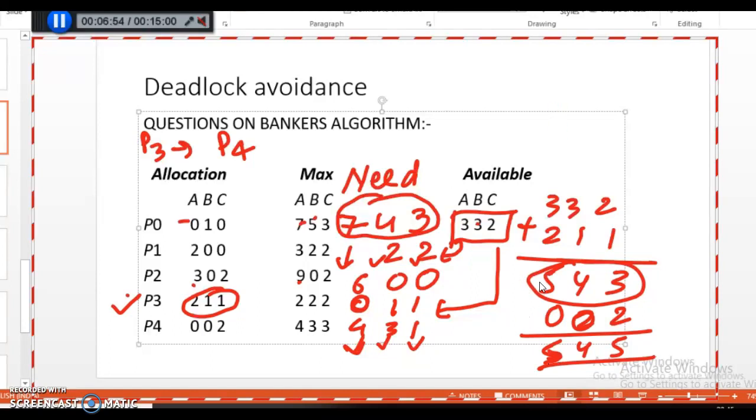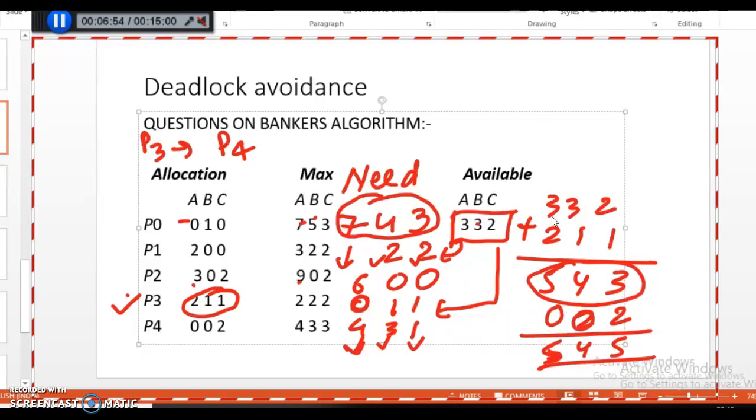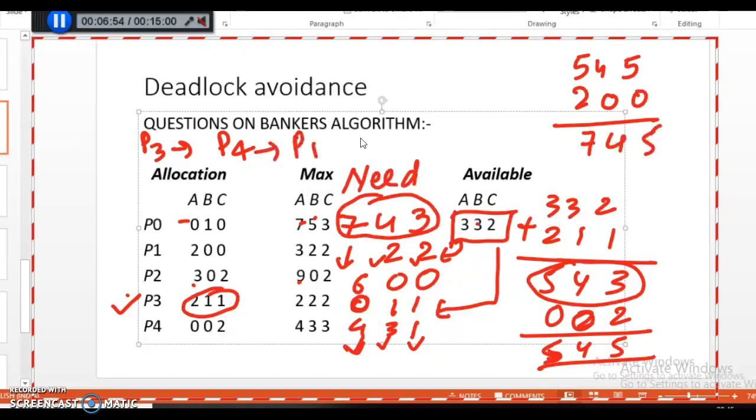What we can see is 5 4 5, after executing P4. So the need of P1 is 1 2 2. Yeah, this will be complete. So it will add 2 0 0, then it will become 7 4 5, and the next process will be P1.